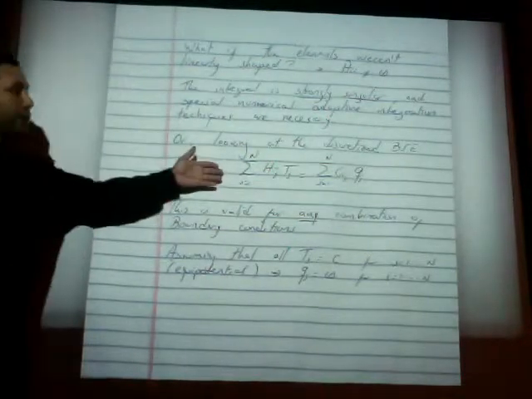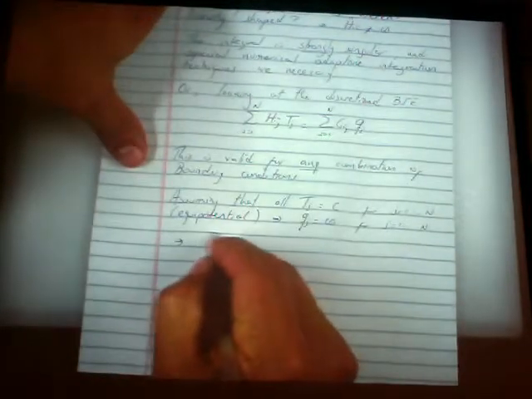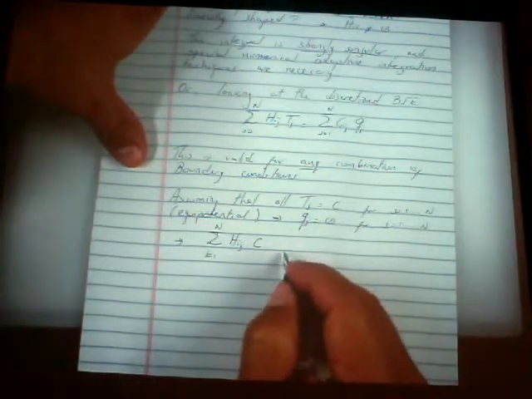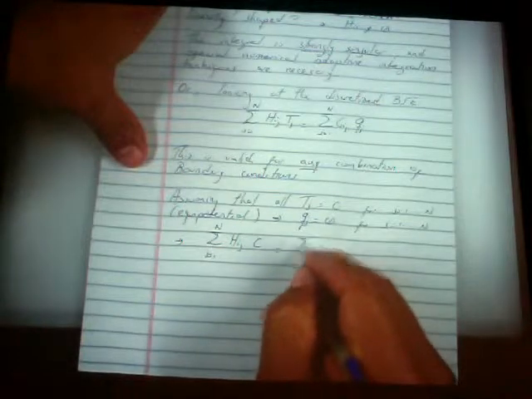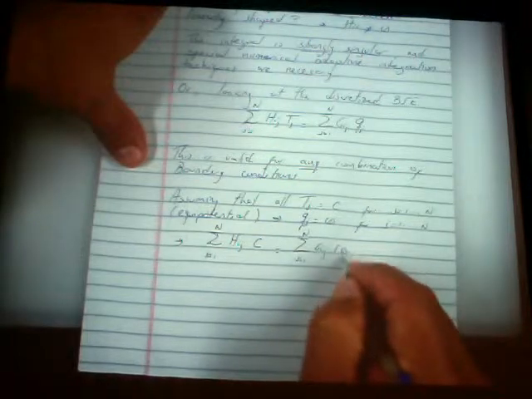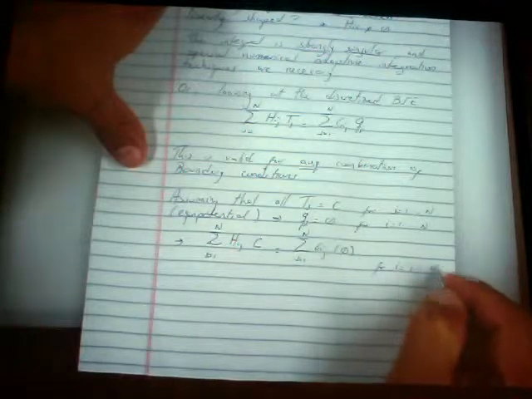If all the temperatures are the same, there's no diffusion. Nothing drives the temperature. There's no way for the temperature in the middle to be 20 or 0. They'll all be 10. So, if I plug this in here, summation from j equal 1 to n of hij times c is equal to the summation from j equal 1 to n of gij times 0, and this is for i equal 1 to n.